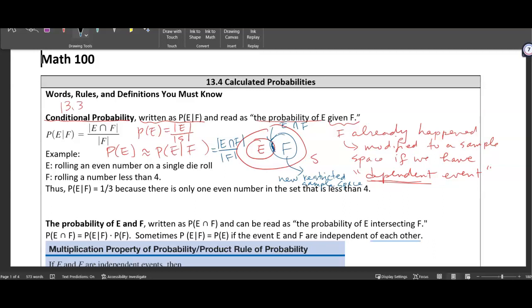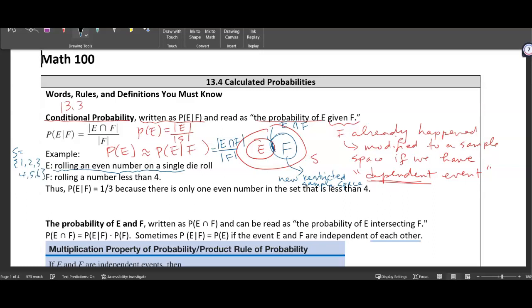So let's look at this example, so hopefully it makes a little more sense. We have this event E when we are rolling a die. When we roll a die, our sample space is 1, 2, 3, 4, 5, 6, so we have 6 elements.